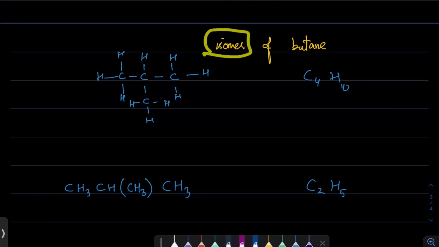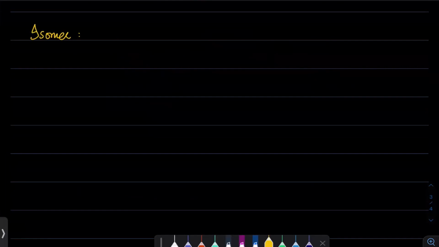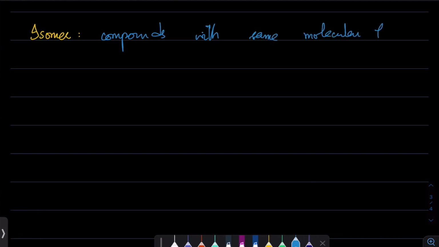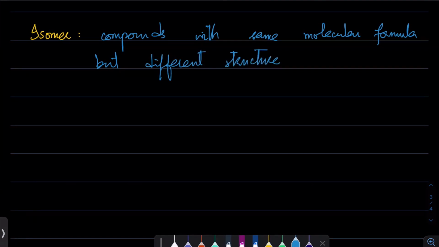What are isomers? Isomers are compounds with the same molecular formula, and by that it also means that they have the same empirical formula but different structure. Okay. Yes, Abdurrahman, you're absolutely right.